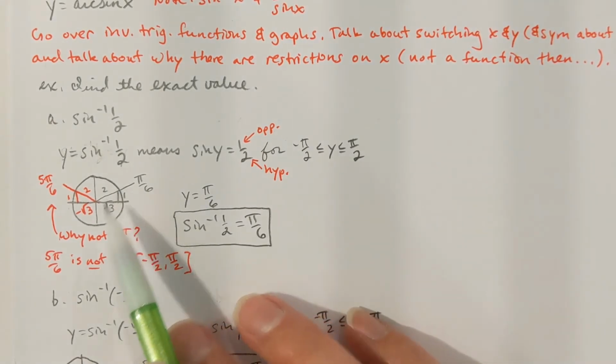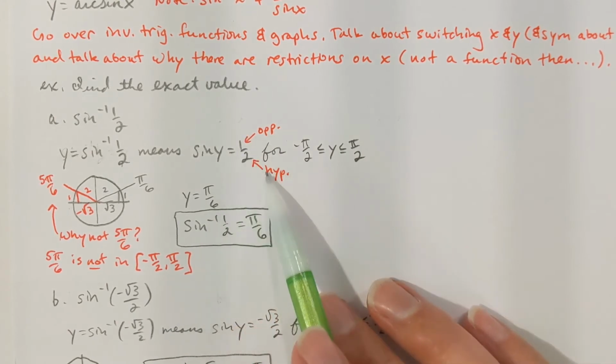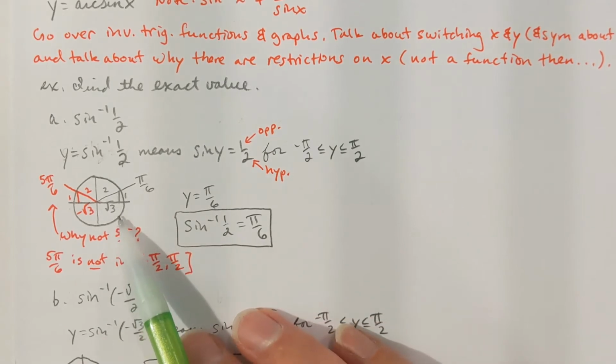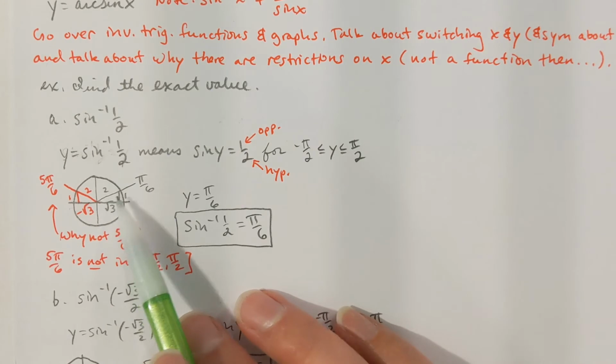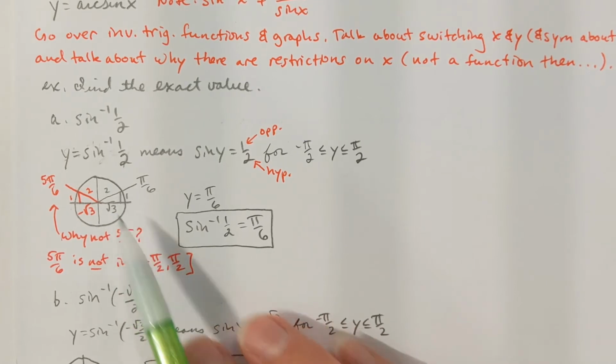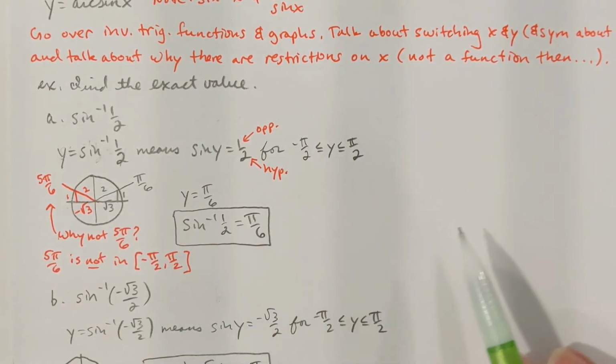Now I can rule out quadrant 4 because sine of an angle is opposite over hypotenuse, and both those numbers are positive. If I'm in quadrant 4, of course, the opposite side would be a negative. So when I draw this triangle here, 1 is going to go on the opposite side, 2 is the hypotenuse. The leftover adjacent side then would be root 3, and of course this is one of our common triangles.